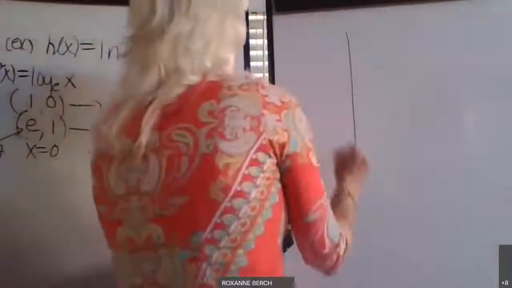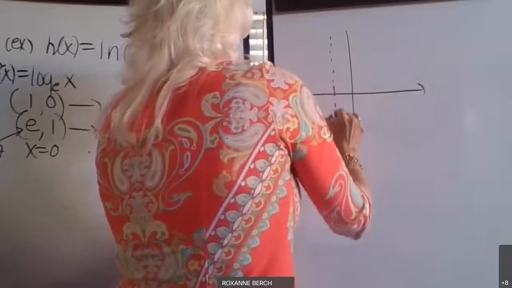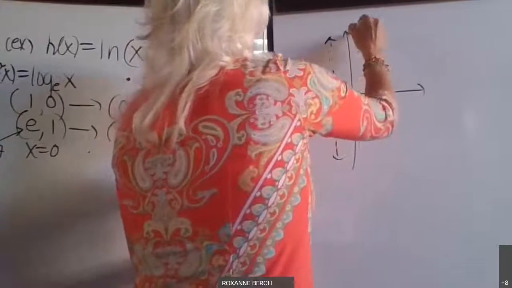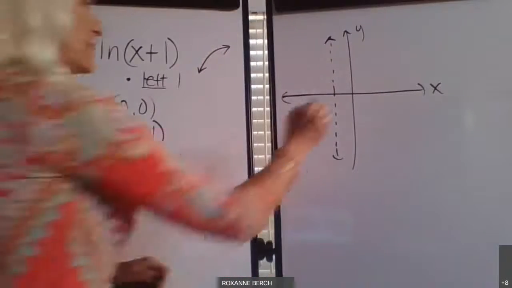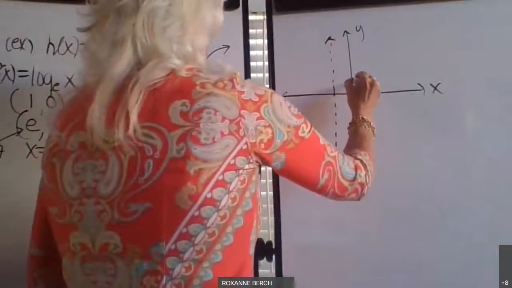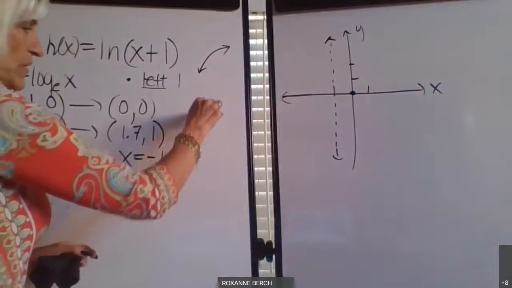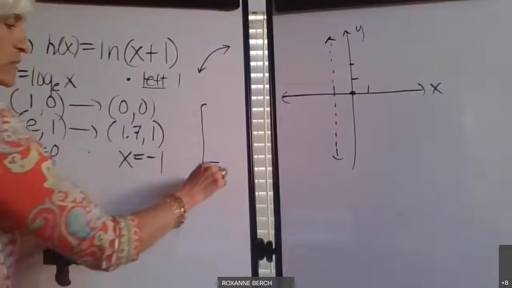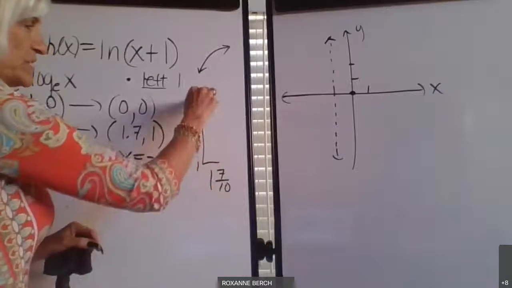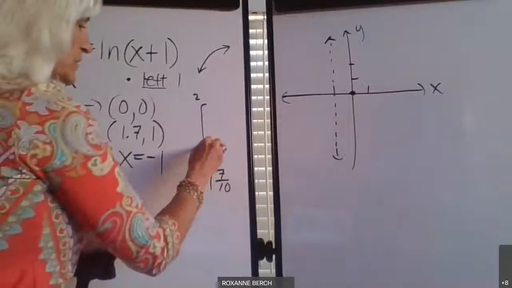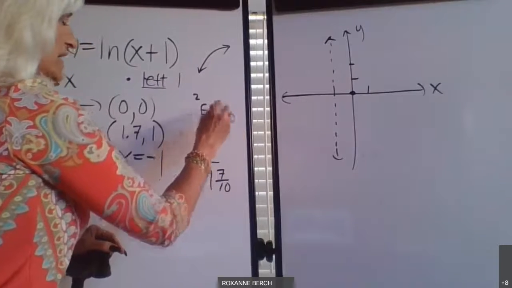So you graph it, and you're going to draw the vertical asymptote at x is equal to -1. You're going to graph the point 0, 0. And this is going to be 1 7/10. This means 1 7/10. So that means between 1 and 2, 10 equal parts. 1, 2, 3, 4, 5, 6, 7, 8, 9, 10.